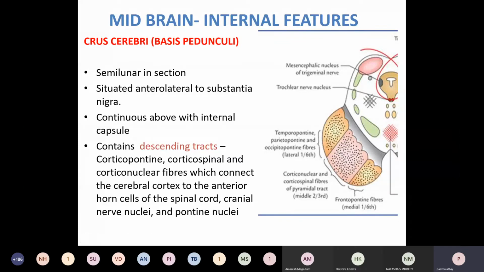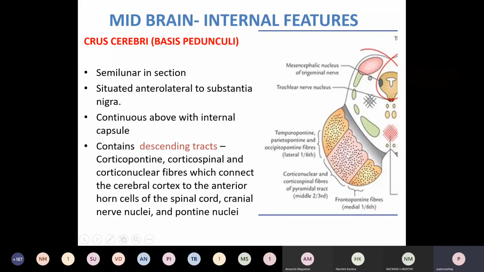The cerebral cortex has different lobes: the frontal lobe, parietal lobe, temporal lobe and occipital lobe. Depending on the fibers arising from each lobe, the fibers are arranged in 3 columns here. The medial most 1/6 of the column consists of the fibers arising from the frontal lobe of the cerebrum, called the frontopontine.